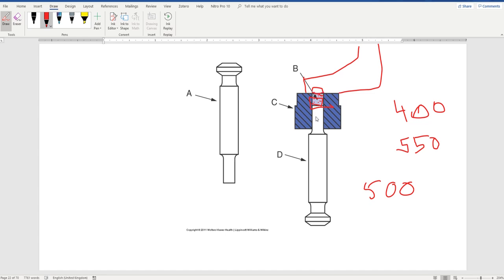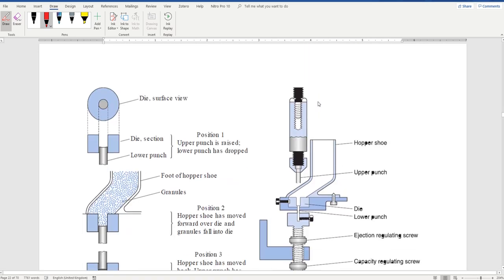When it does that, the lower punch goes down to the previous position to fill another 500 milligram of the powder from the shoe. And then the cycle continues. Meaning the shoe goes back, the upper punch goes down, and the compression happens again. Okay, I want you to see this.